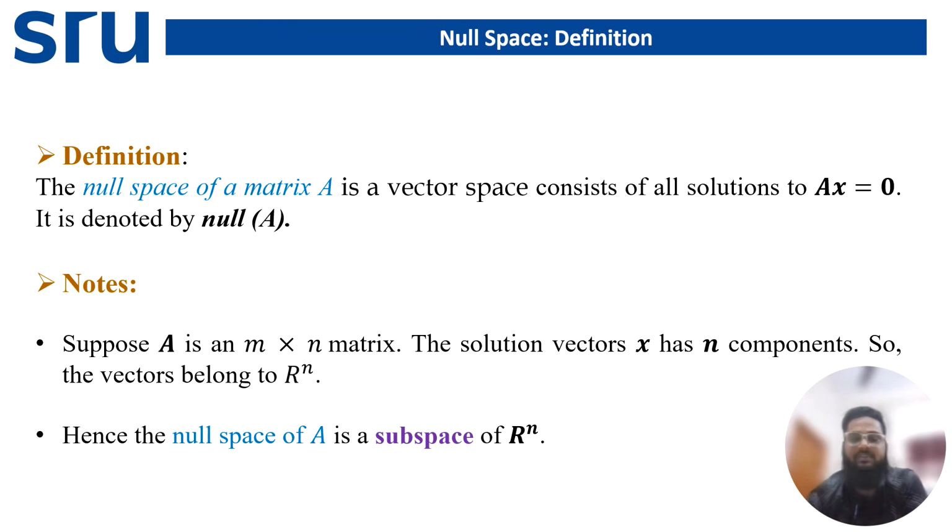Now coming to the definition of null space. The null space of a matrix A is also a vector space, and the elements of this vector space are the vectors which satisfy this homogeneous equation. This is called a homogeneous equation, which we will also discuss later. So a matrix A is given.